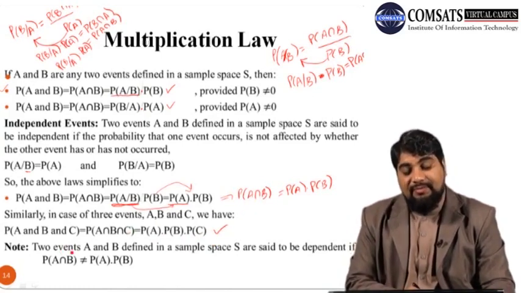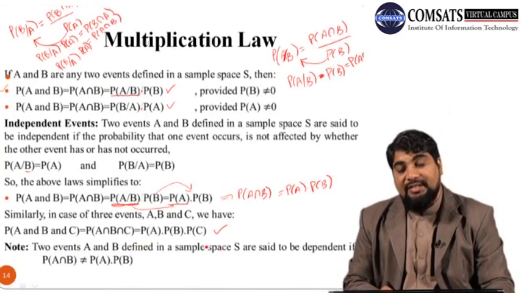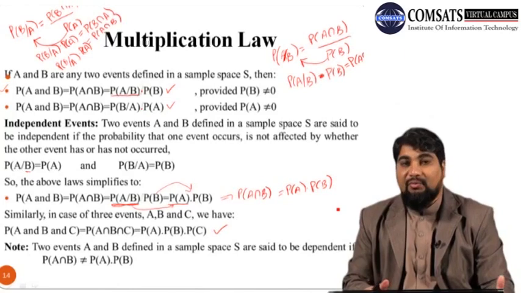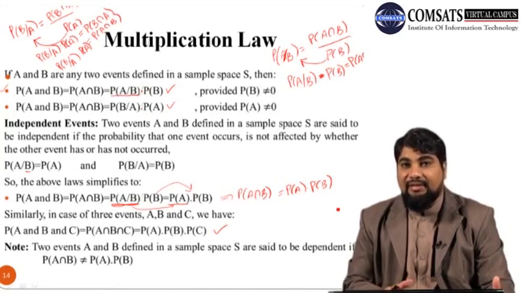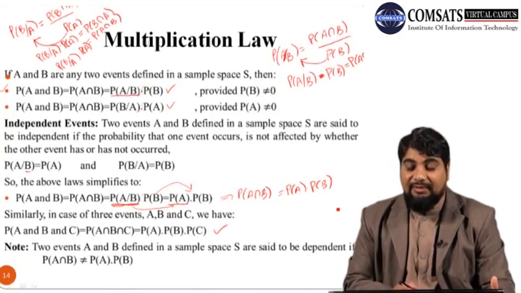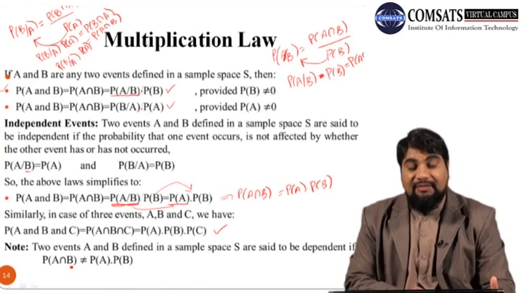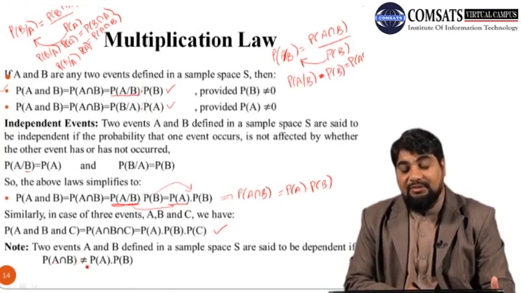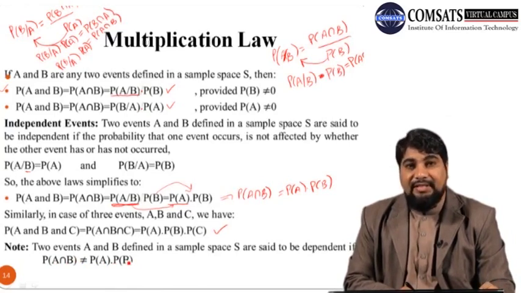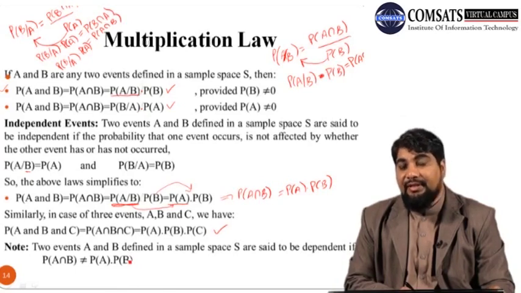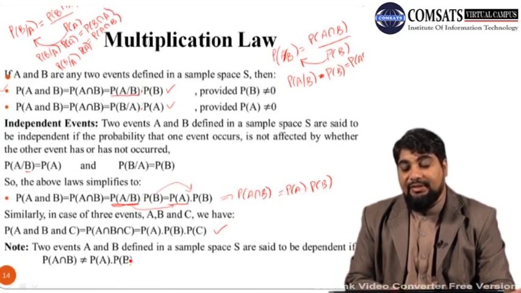Two events A and B defined in sample space S are said to be dependent if the probability of one event has certain impact on the occurrence or non-occurrence of the other event. In this case, P of A intersection B will not be equal to P of A times P of B. So this formula can be used as a checkpoint, whether events are dependent or independent.